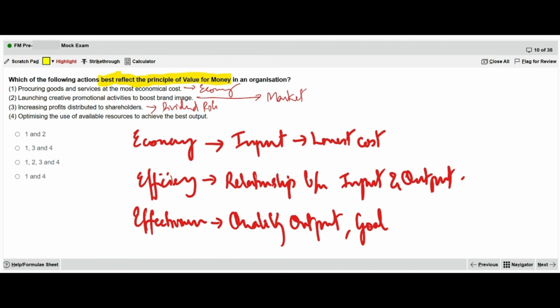Optimizing the use of available resources means using the input properly so as to get the output, and this is efficiency. So options one and four speak about value for money. The answer tends to be the last one, option four. So this is as far as the concept of value for money is concerned.